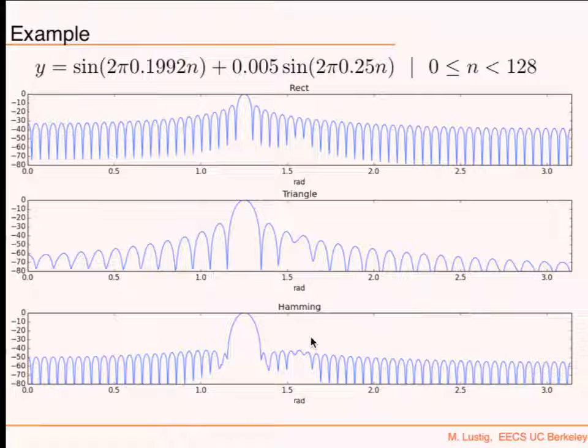And you know why? The Hamming window has lower side lobes, but the side lobes are constant. So it's still, what is it, 30 dB or something? Was it 37 or so? It's just not enough to be able to resolve this very well.